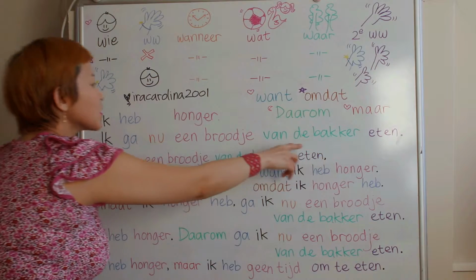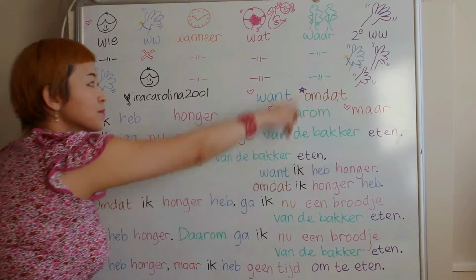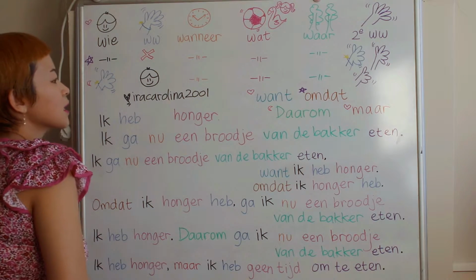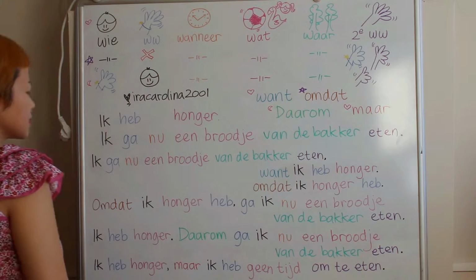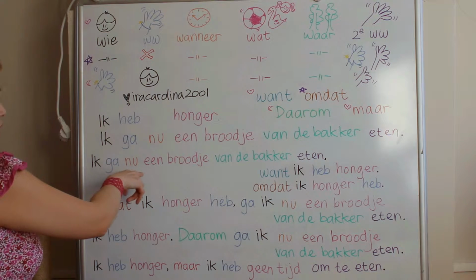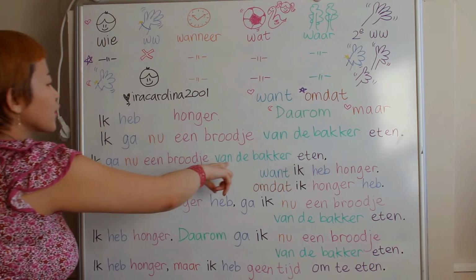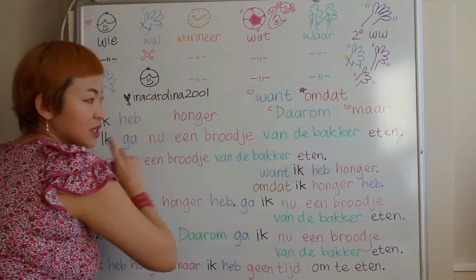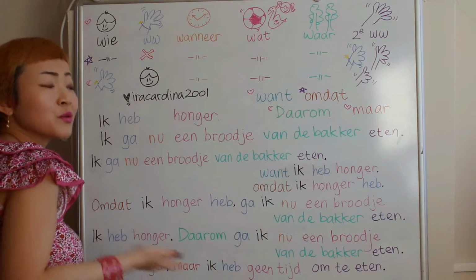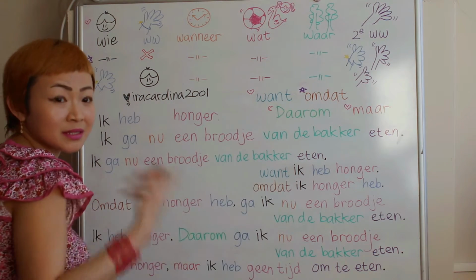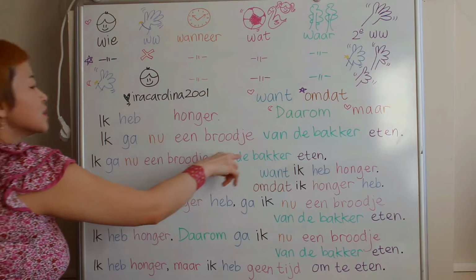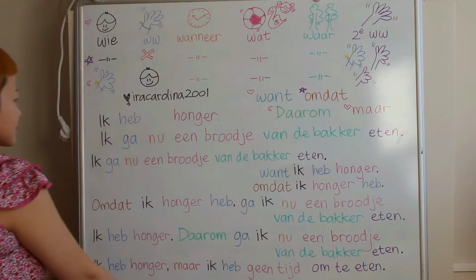Van de bakker, van is from. De bakker is the baker. Eten, eat. So we can say I go now a small bread from the baker eat. I go to have small bread from the baker to be eaten. Ik ga nu een broodje van de bakker eten.